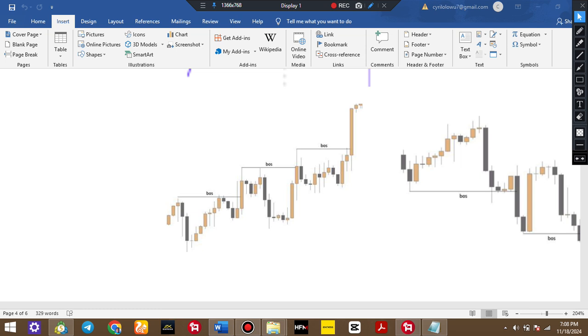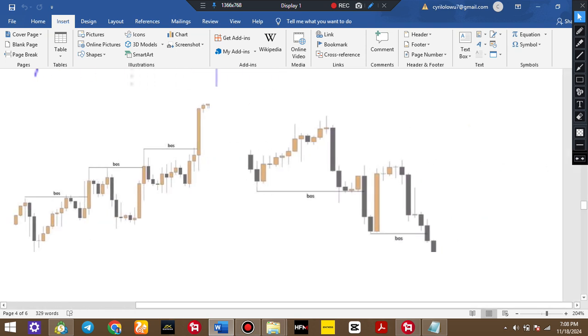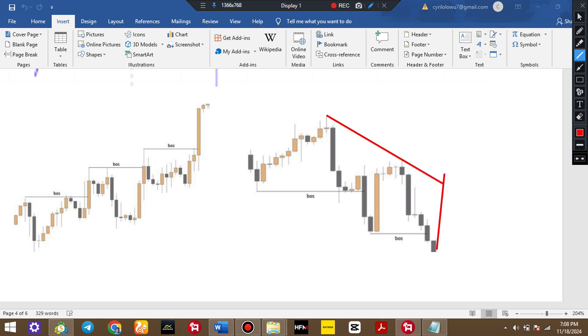Then this one at the other end is a continuation break of structure towards the downside. Is that clear? So we can still place our trend line connecting the swing points and wait for price to make a pullback to that point, and when it comes, we push price towards the downside, while our take profit is a little bit above the swing high.